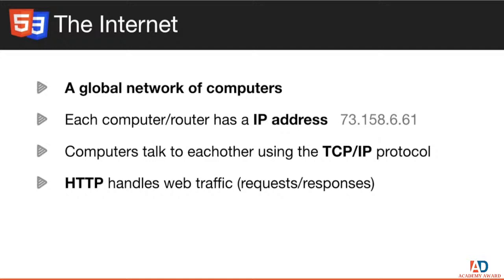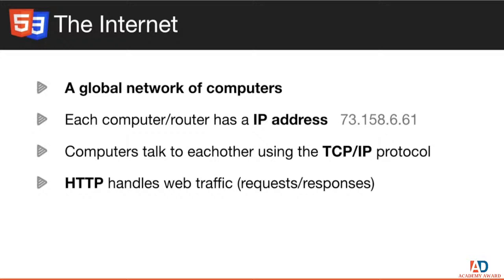Now, HTTP is a little more important for you to understand. This stands for Hypertext Transfer Protocol. And if you notice, when you type in a website URL like google.com or Facebook, you're usually doing HTTP or HTTPS. HTTPS is for secure connections using an SSL certificate, and we'll talk more about that later.